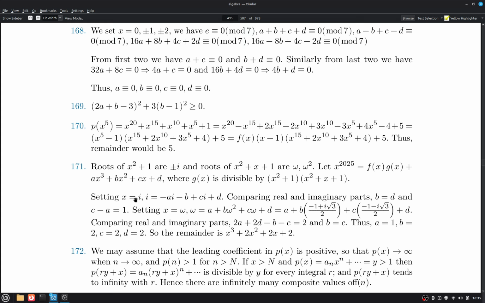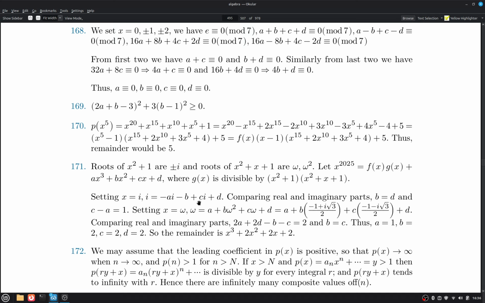Now we set x equal to i. Now we substitute minus i also; minus i will give the same thing. So we substitute i, and it becomes minus ai minus b plus ci plus d.